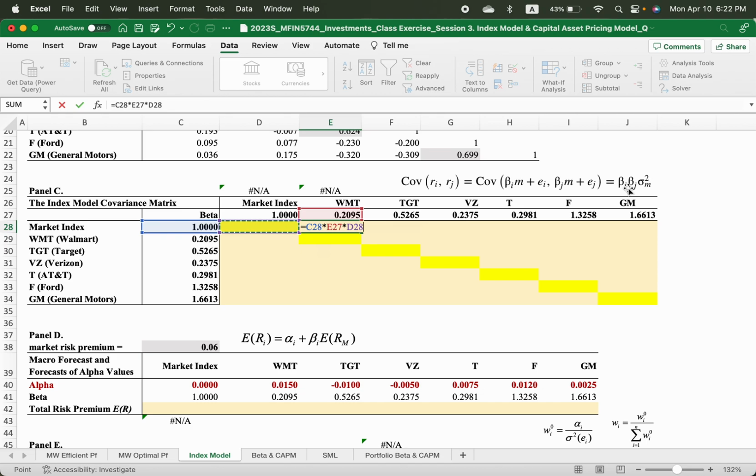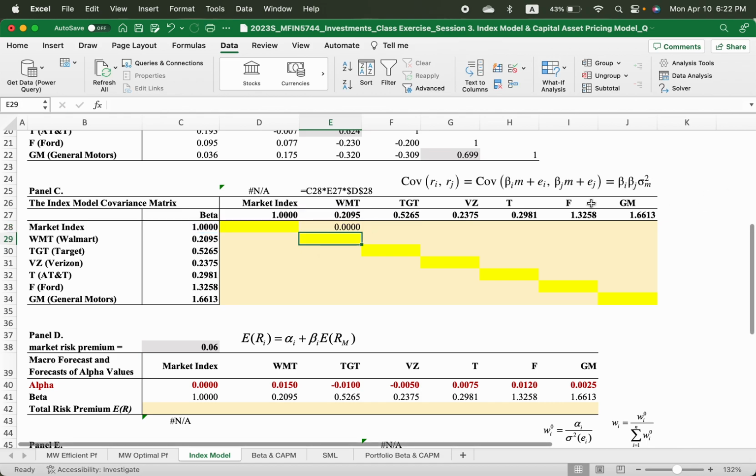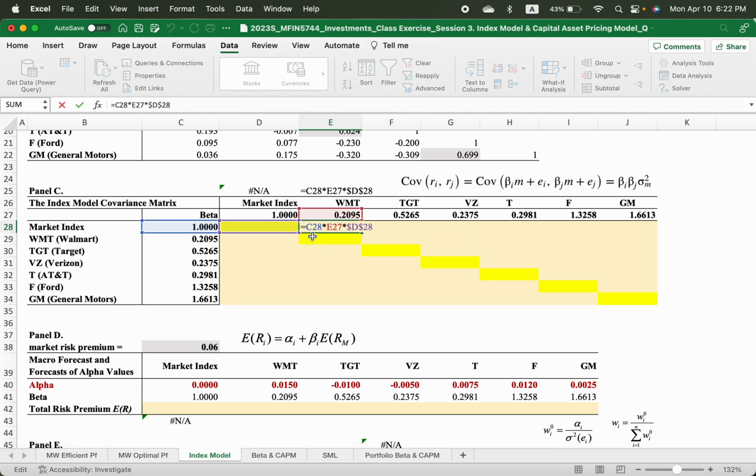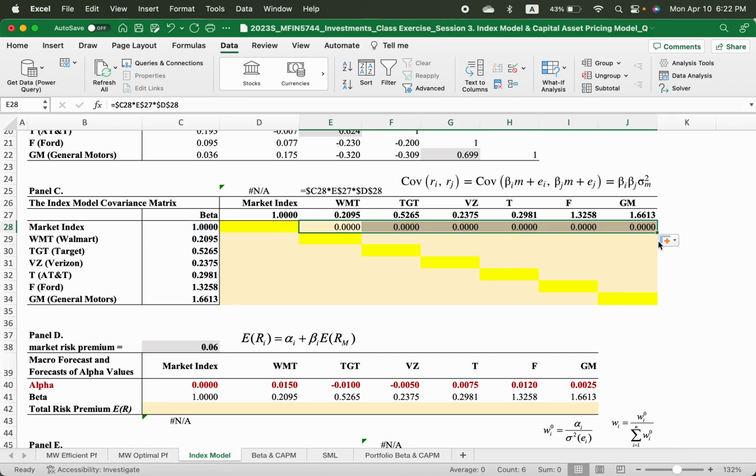So we want to fix here. But I want to make sure if we can use this. Okay, C column fixed and 27 row fixed. Then let's just drag down.